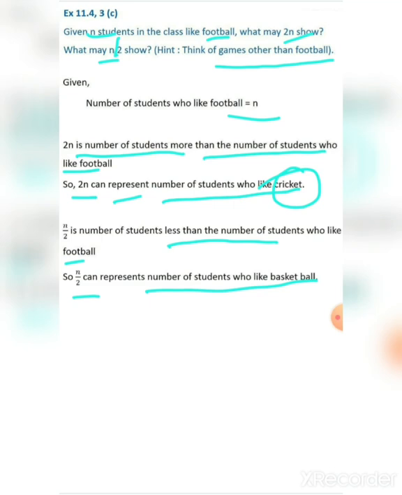We all love cricket. So that is the bigger number, whereas basketball and football are games which many people don't like to play. So this is the way you have to solve the question. I hope the questions are very clear to you and you can write them down by your own method.